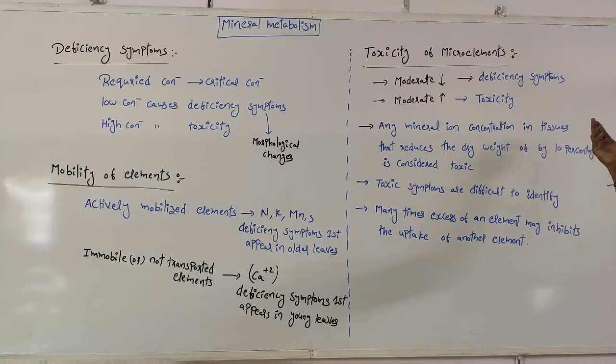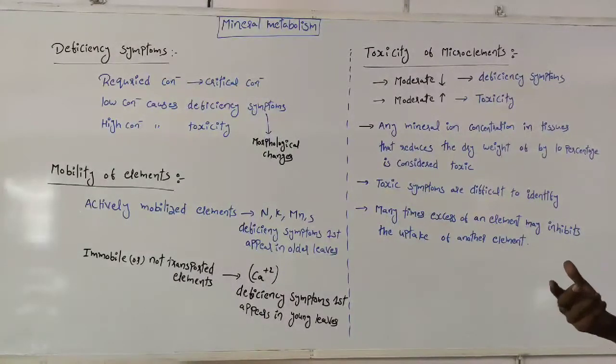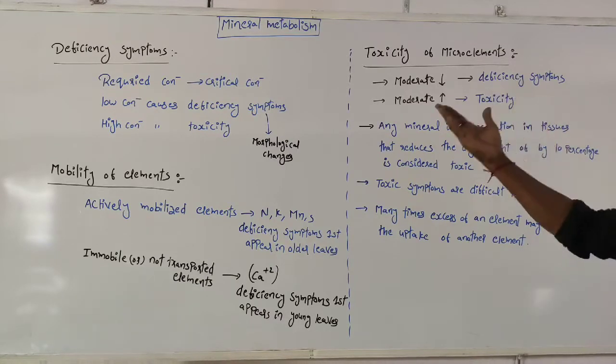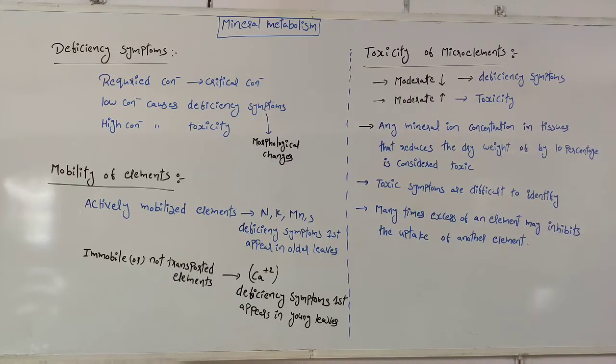More than moderate concentration is toxicity. High concentration is toxicity, low concentration produces deficiency symptoms, and between these two the middle one is the moderate concentration, also called the required or critical concentration.